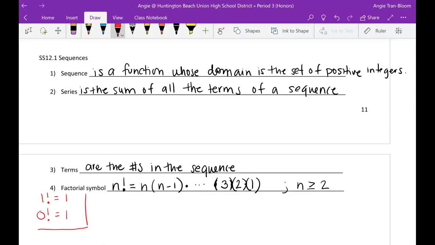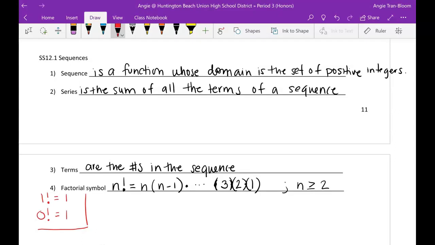Well, there's only one way. There's nothing to arrange. Then 1 factorial means how many ways can you arrange one item? One way.